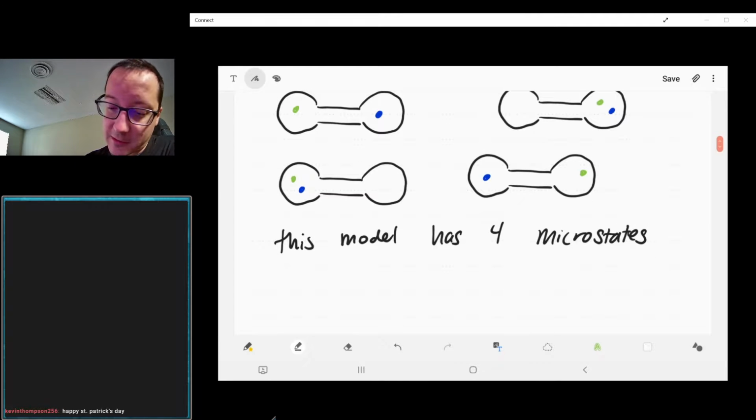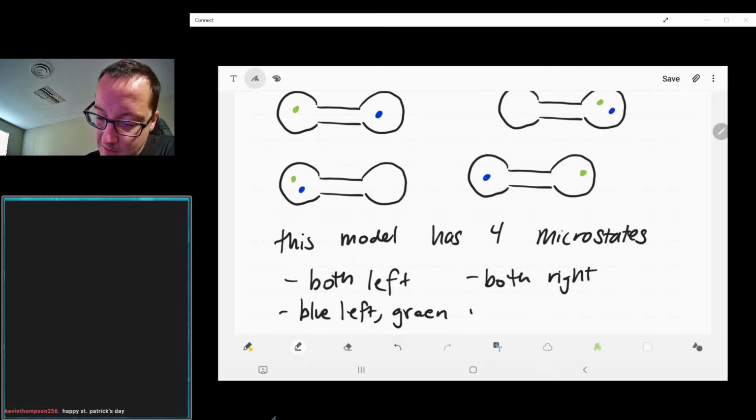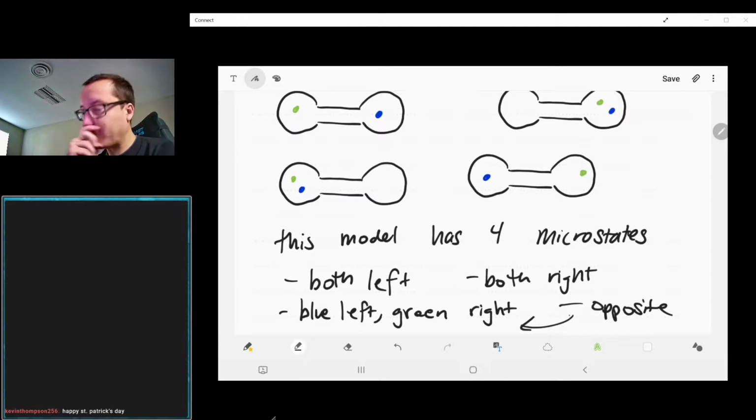And those four microstates are both left, both right, and then we have blue left, green right, and then the opposite of that. Right, so we have four microstates here.